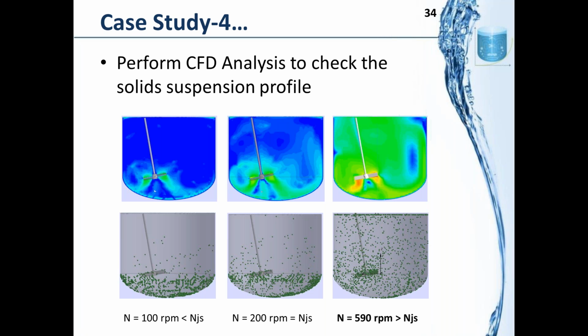So this example shows how we can use detailed analysis to understand the particle suspension characteristics, whether the solids are uniformly distributed across the vessel volume or not. That kind of information can be quickly analyzed, and all these simulations were performed using Mixit.